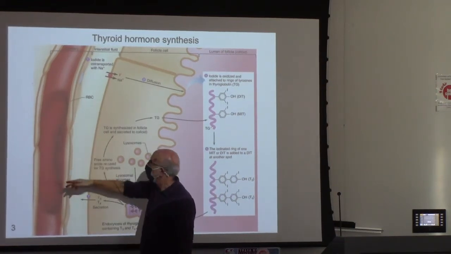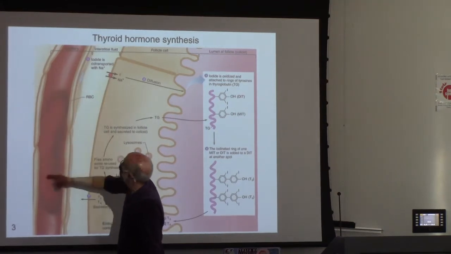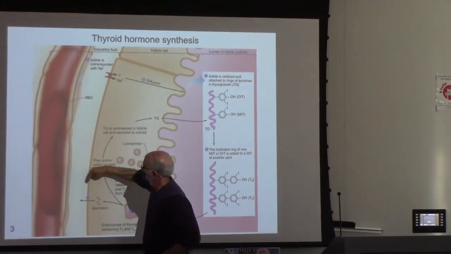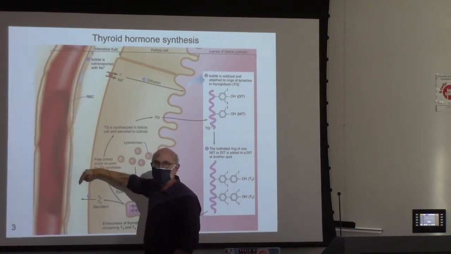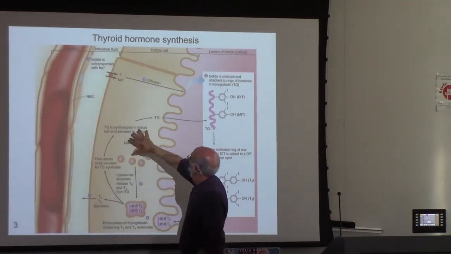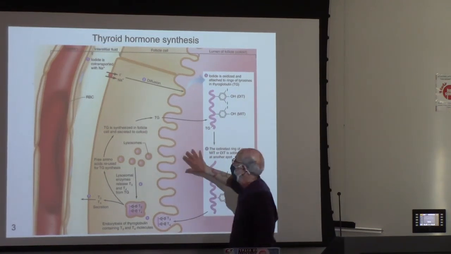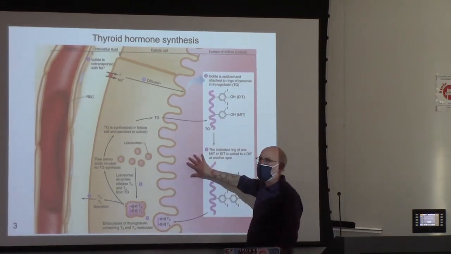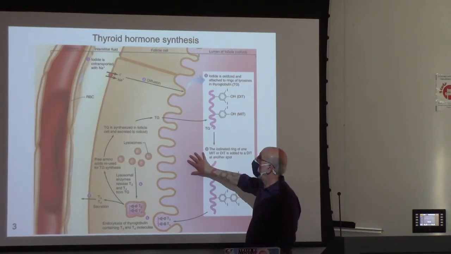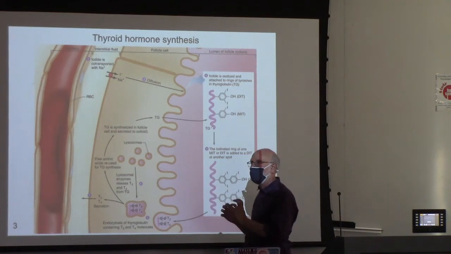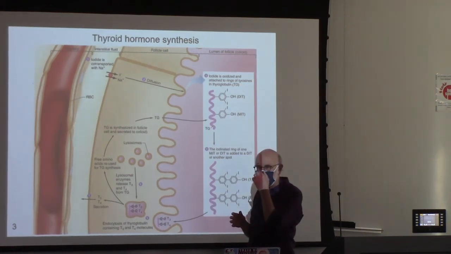Bloodstream, red blood cell, capillary, extracellular space, follicle cell of the thyroid gland, and then a lumen called a colloid. So this is not cellular, this is a space inside the thyroid.